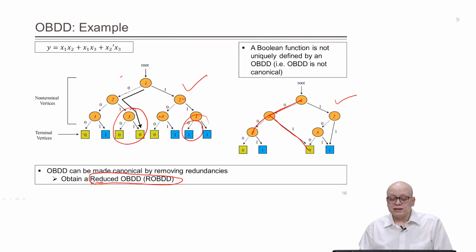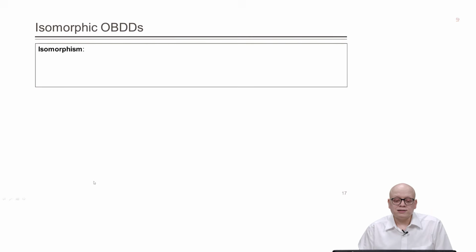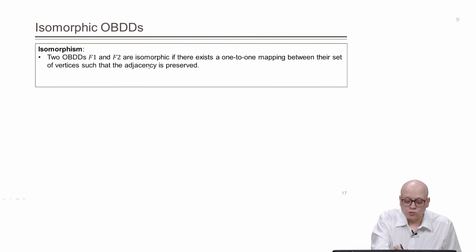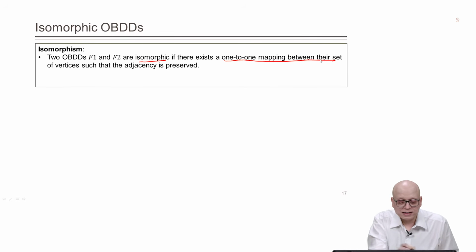Now, what is an ROBDD? To understand that, we have to understand the concept of isomorphism. So, let us understand what is isomorphism. Two OBDDs F1 and F2 are isomorphic if there exists a one-to-one mapping between their sets of vertices such that adjacency is preserved.